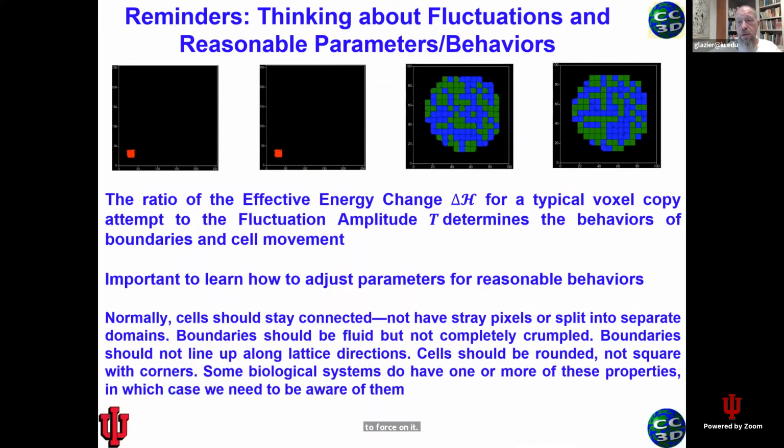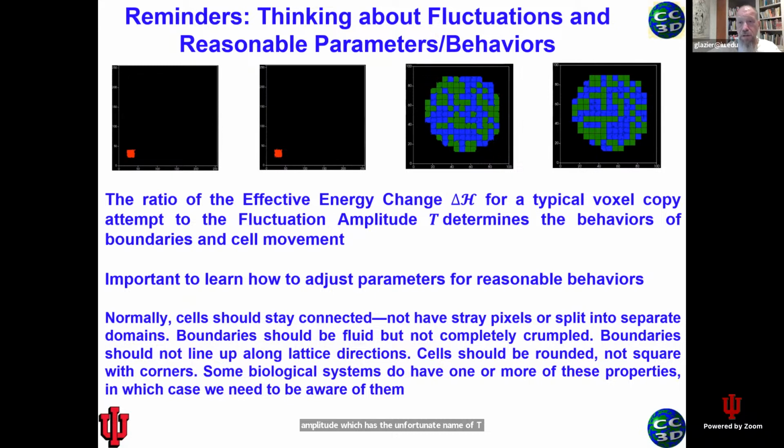Something that Giulio talked about a lot yesterday, which I think is quite important, is trying to understand what is a reasonable set of energy parameters. The effective energy change, that is a force, because it's an energy change over a copy distance, which makes it a force, compared to the fluctuation amplitude, which has the unfortunate name of T for temperature.